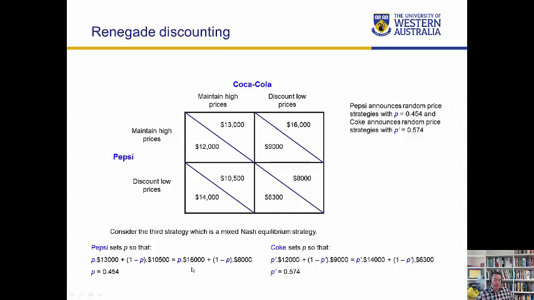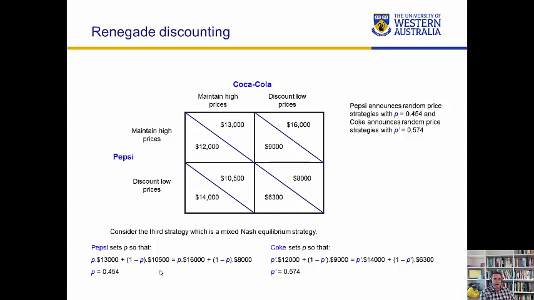So for Pepsi, we're over here. Pepsi wants to set up a discounting strategy, which means that Coke has the same expected profit under high prices and low prices. So Pepsi wants to set up its discounting routine so that Coke has the same expected profit under either high or low prices.